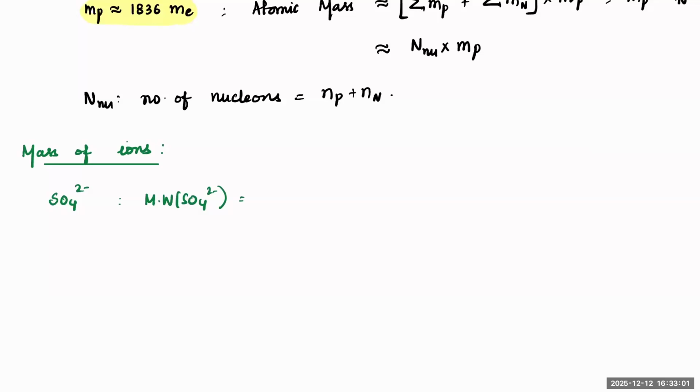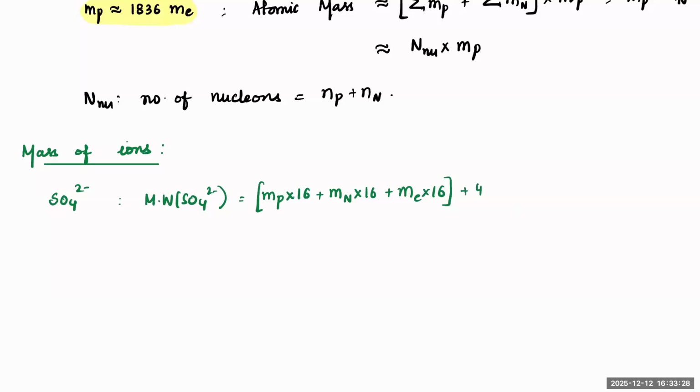Within the sulfur, we have to check the mass of one proton into 16 protons plus mass of neutron into 16 neutrons plus mass of electron into 16 electrons. This is how we are supposed to check, isn't it?